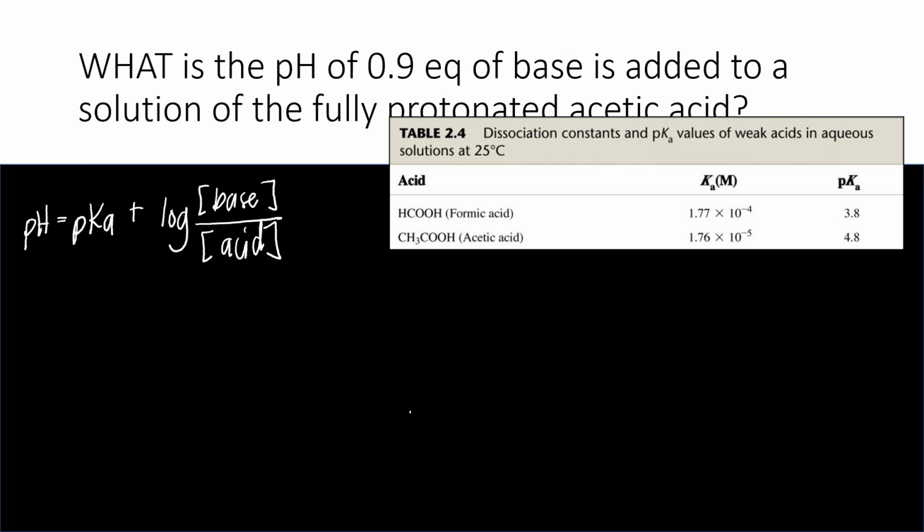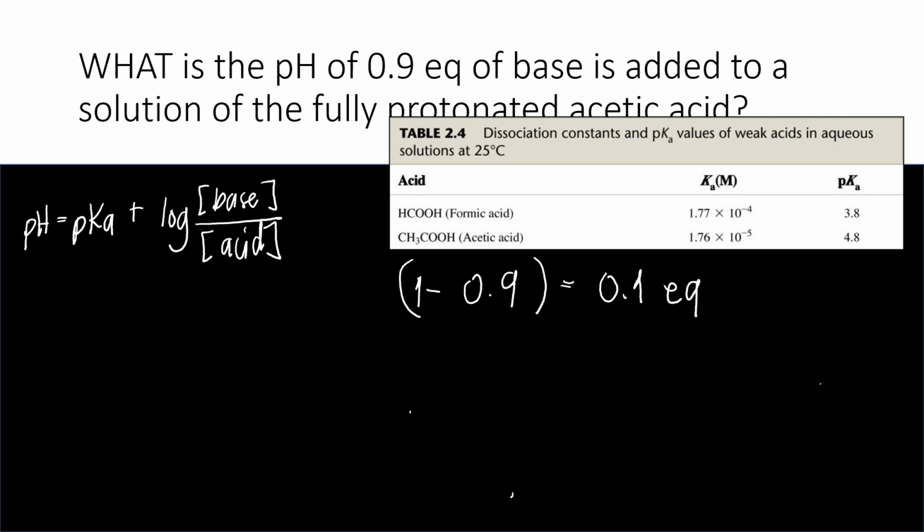Given is that 0.9 EQ of base is added to a solution. We need to take note that 0.9 EQ base will convert 0.9 EQ of acid. Therefore, we have remaining 1 minus 0.9, so 0.1 EQ of the remaining acid in the solution.